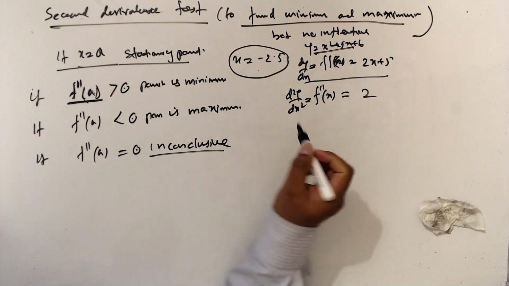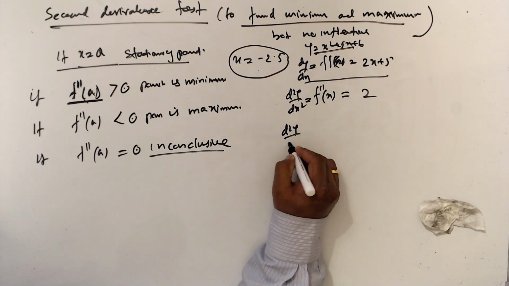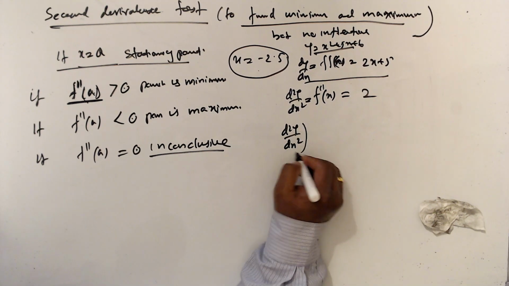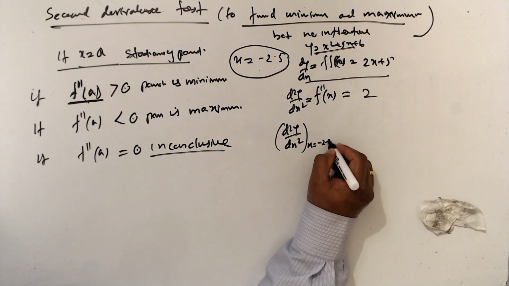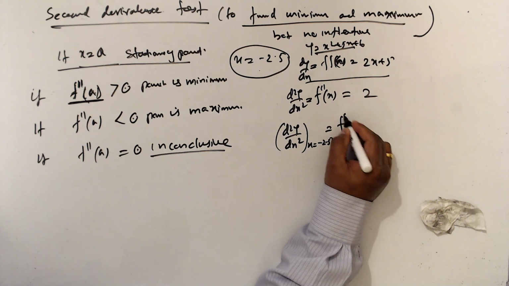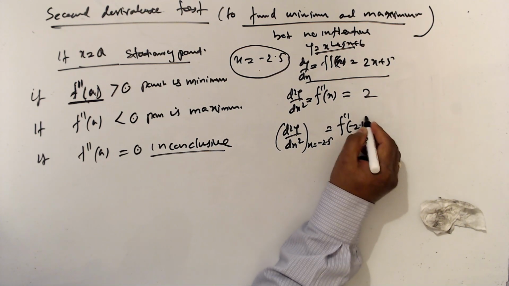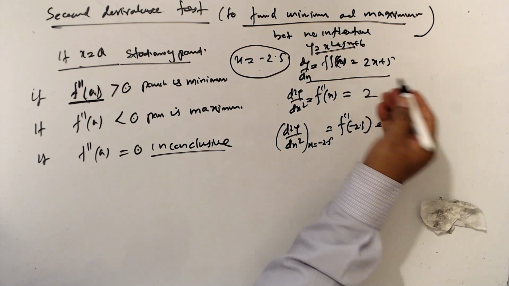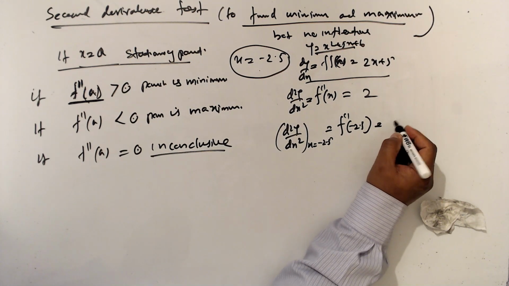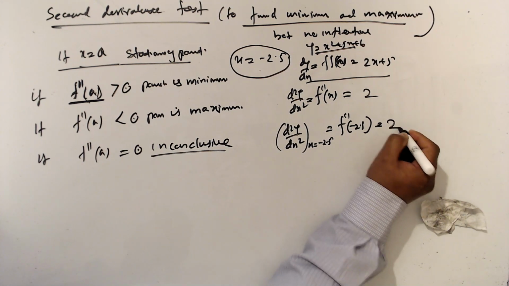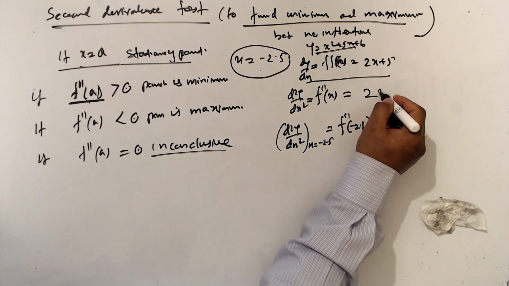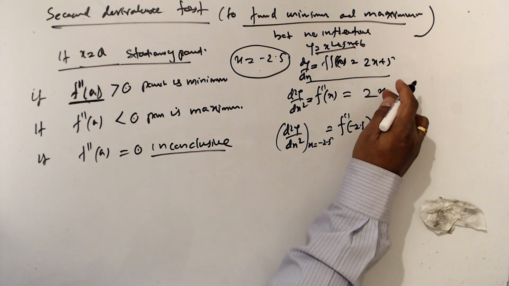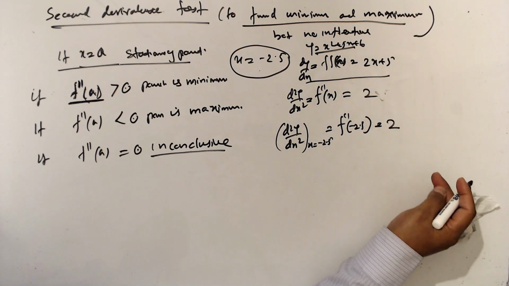Minus 2.5. There is no x, it does not depend on x, so it is 2. If there were an x, you would have to substitute minus 2.5, but there is no x.